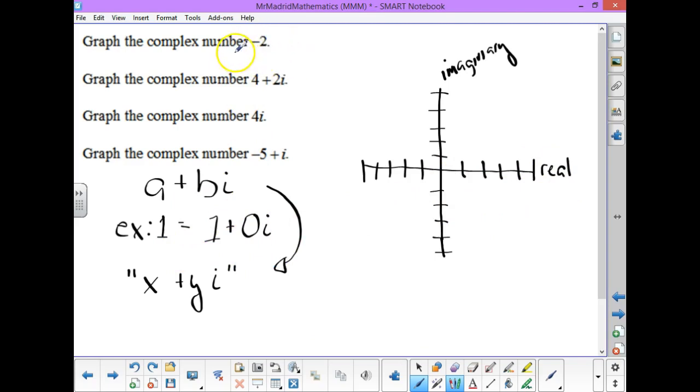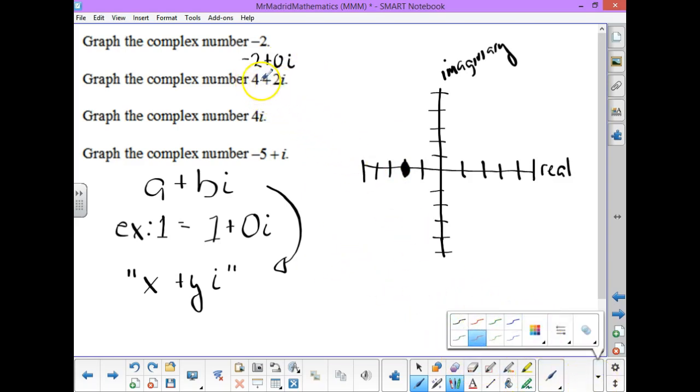Let's look at this one. If I write it as a complex number, it is negative 2 plus 0i. So this is the real part, so I travel negative 2. Up and down it says 0, so I stay right here, and then I label this one. Done. Let me try a different color, I'm going to go red.